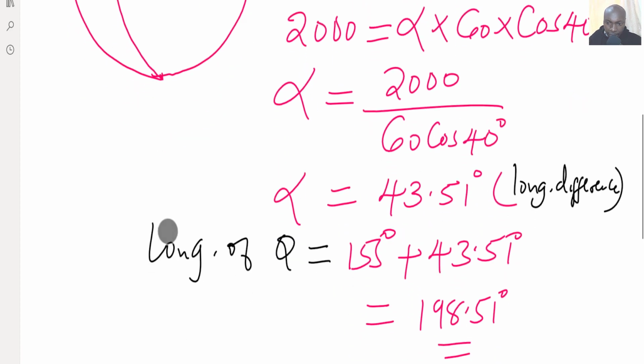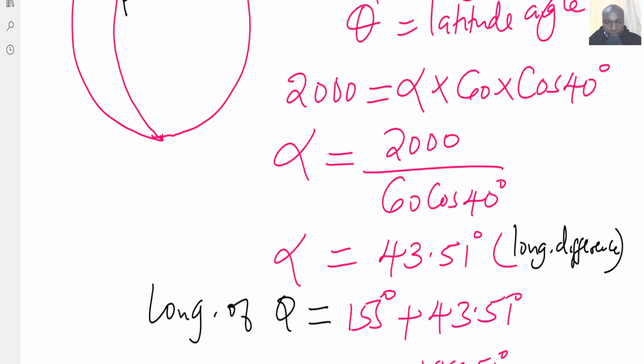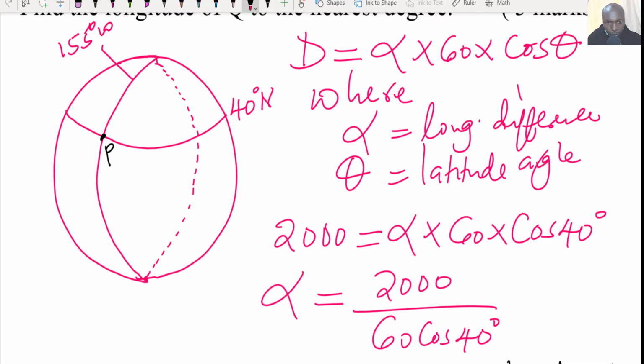Now looking at that angle, when you move 180 degrees, a movement of 180 degrees on the longitude means you move directly opposite of P. So if I continue and draw the other side, that is the same longitude from the other end, 155 degrees west.